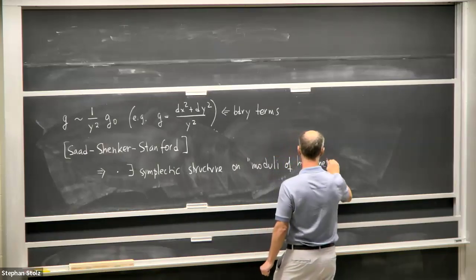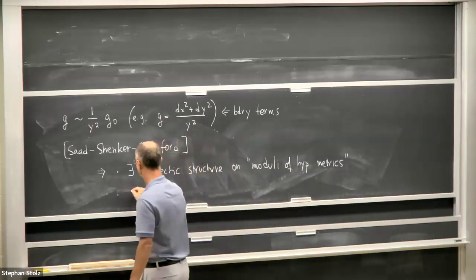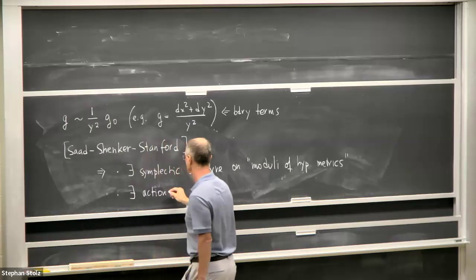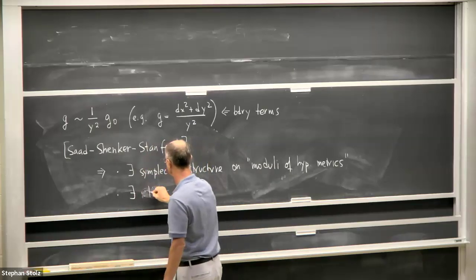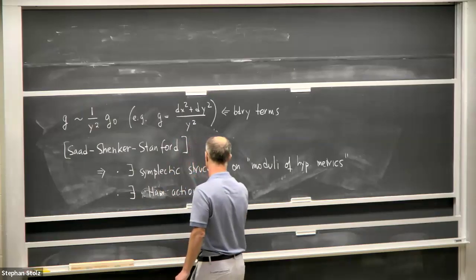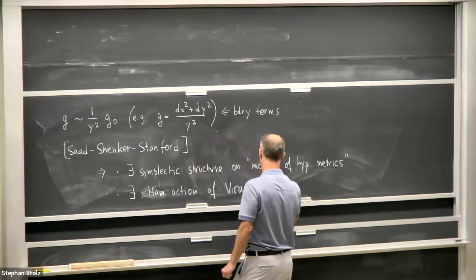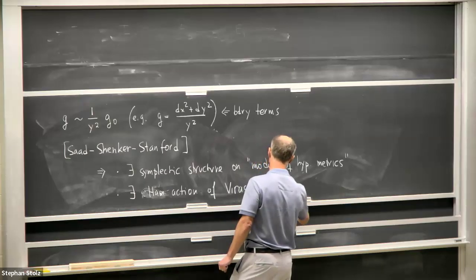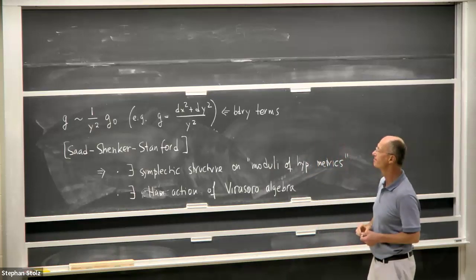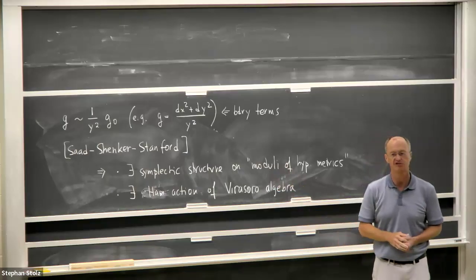I will make it more precise in a moment. And there is a Hamiltonian action of Virasoro algebra. So that's what the paper, roughly speaking, that's part of what the paper is saying.